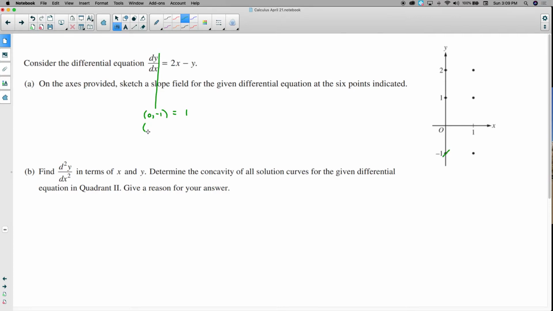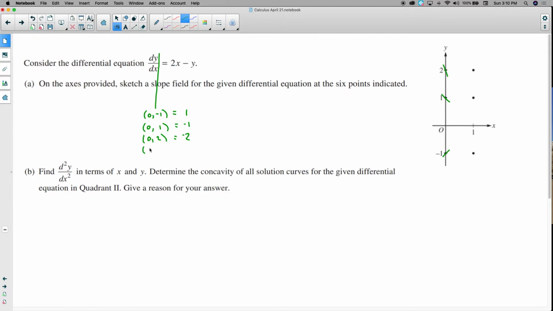Okay, then we're going to put in 0, 1, and that's going to be -1, so that one's looking like that. And then the one above that is 0, 2, and when I do that, that's -2, so that's steeper but still downhill.